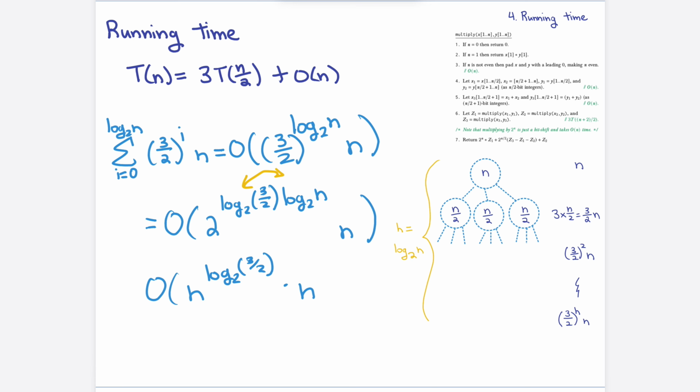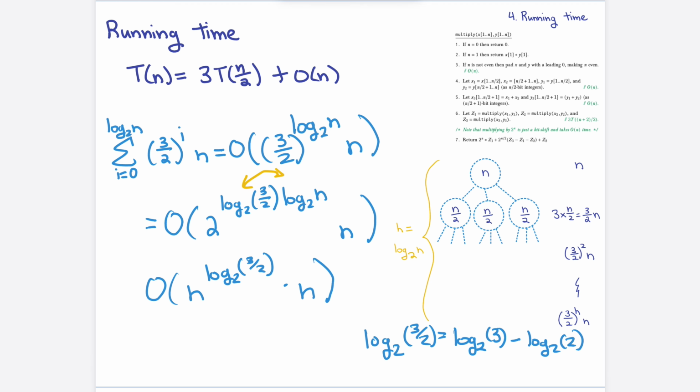Now you're left with something like this. You really had a log base 2 of 3/2 in the exponent. We can clean this up a little more. It's not super exciting to just take logs all day. If I remember correctly, this is log base 2 of 3 minus log base 2 of 2, right?